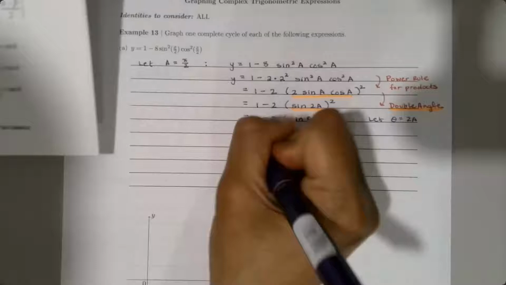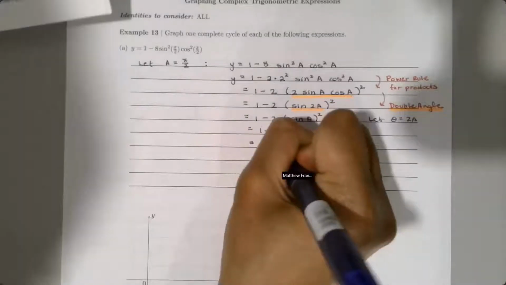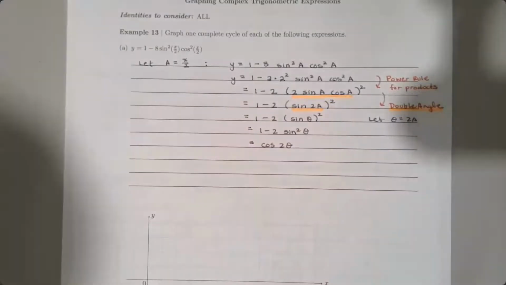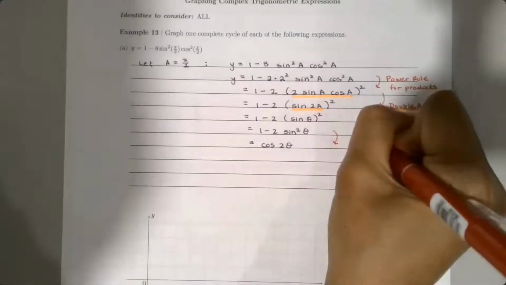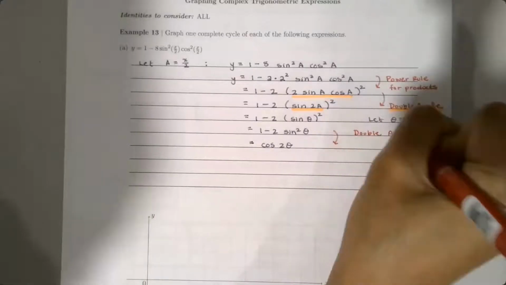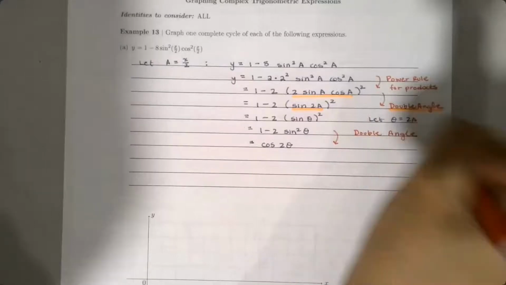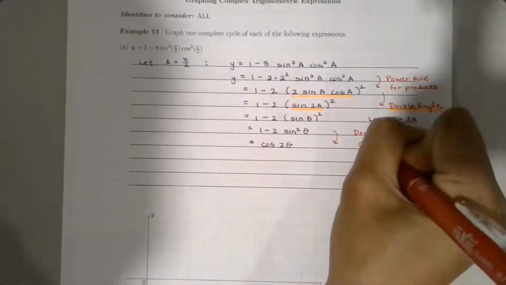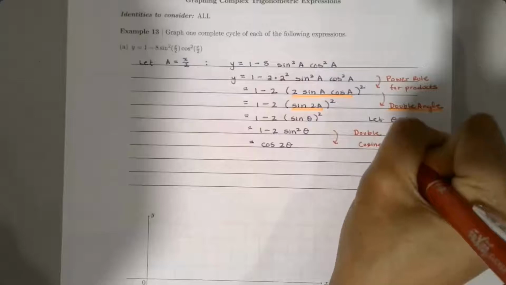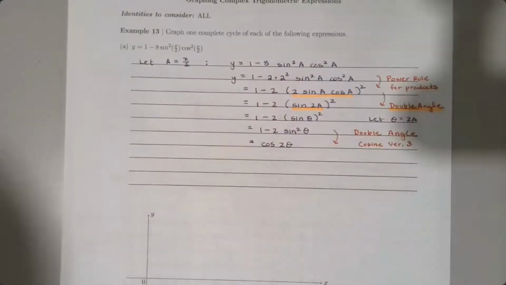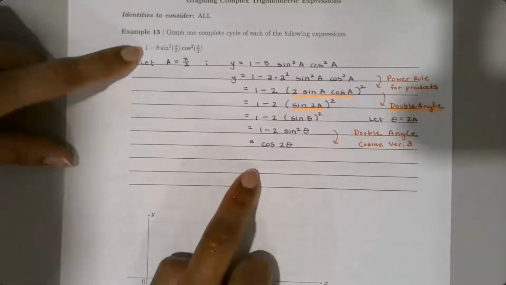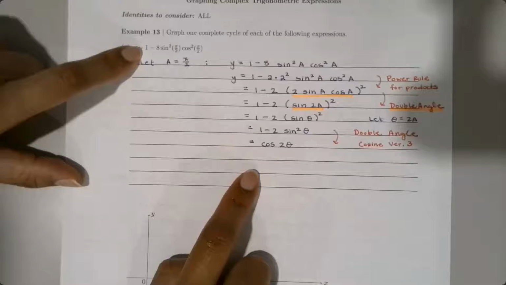So that's what we're going to apply here. This is cosine of 2 theta, and that's by the double angle formula, cosine version 3. So that's way simpler than what we had originally. It's a lot nicer.